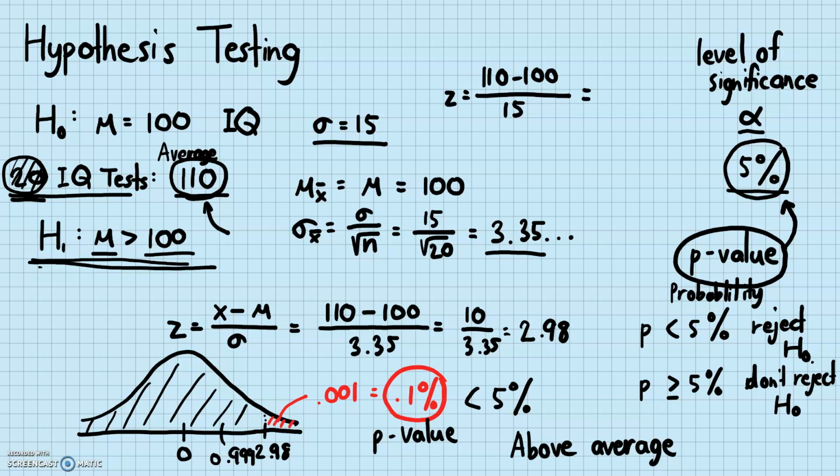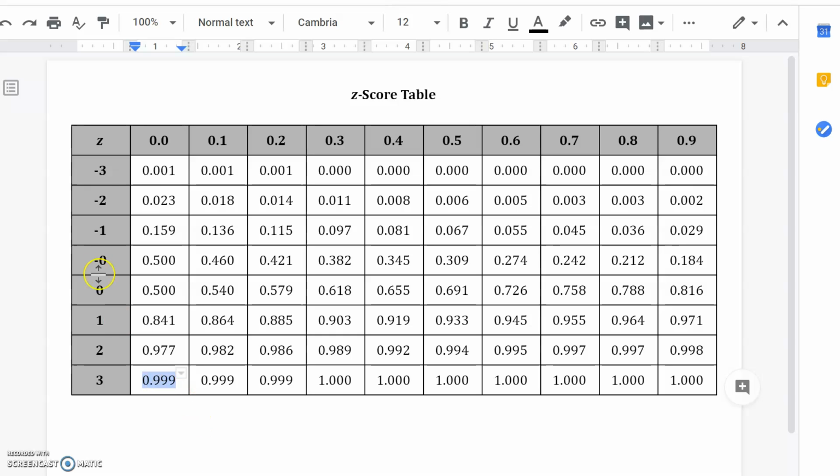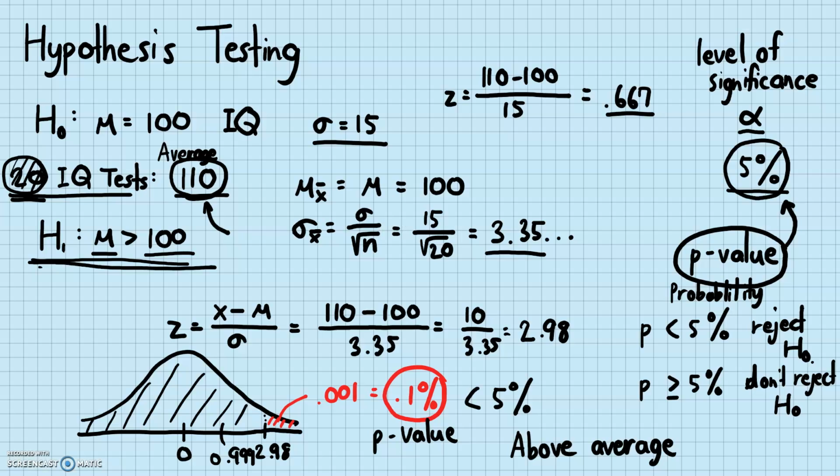If you do that, you get 0.667. In the z-score table for 0.67, you get 0.758, and we're using the greater than part, so it's the other part.